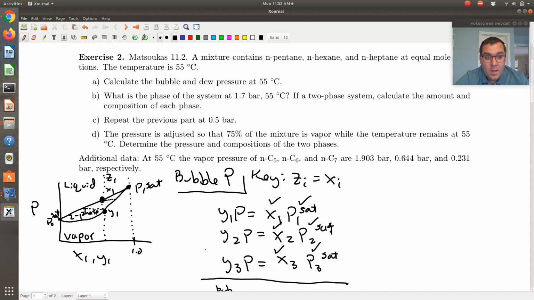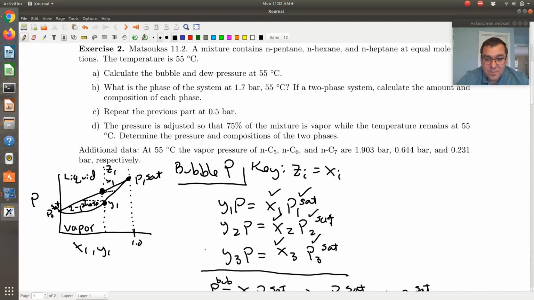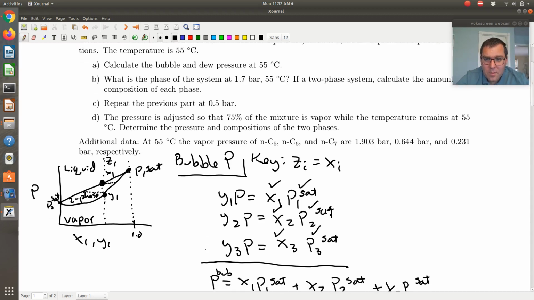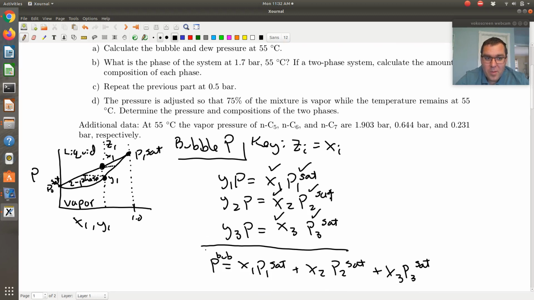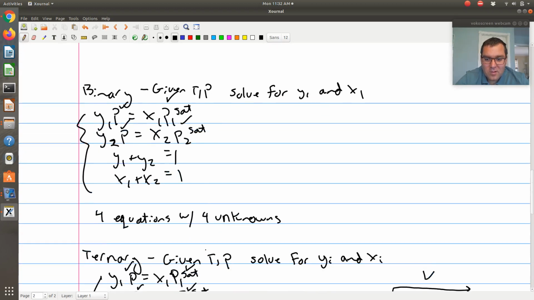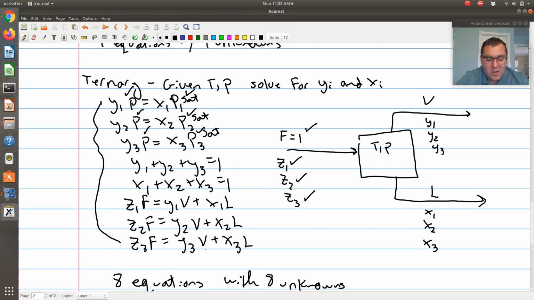And then D. So now you're told the pressure is adjusted. You're going to change the pressure so that 75% of the mixture is vapor. The temperature remains 55 degrees C. And so basically, it's going to come back to solving the same system of 8 equations.